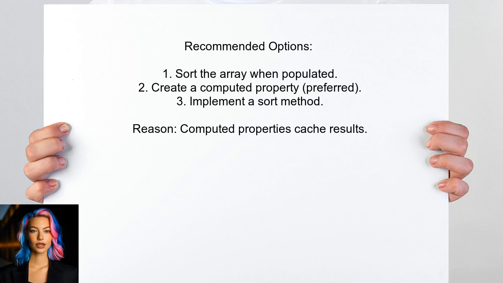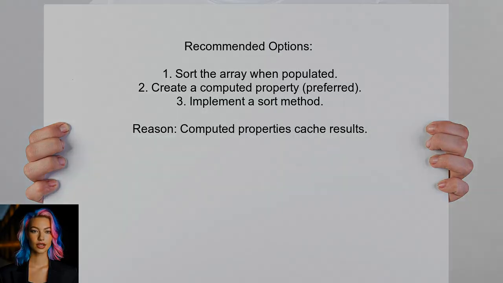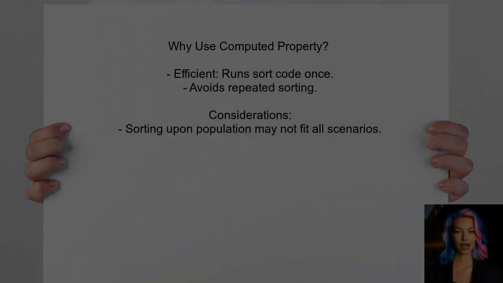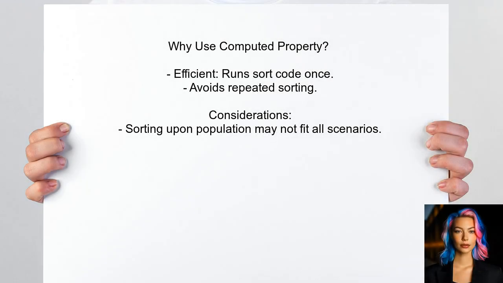They favor using a computed property because it caches results, ensuring the sort code runs only once. Using a computed property is efficient because it avoids repeated sorting during each iteration, unlike the other options. The user notes that sorting upon population might not be suitable for every scenario.